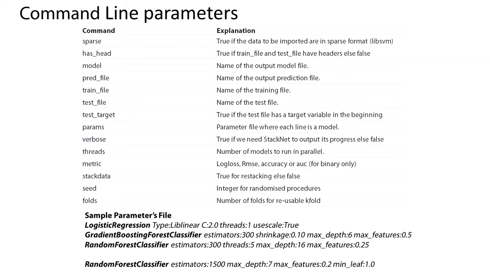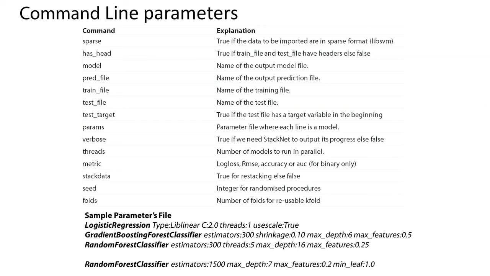I'm giving you a sample here where you can see there are 3 base level models: a logistic regression, a gradient boosting model, and a random forest model, and 1 meta model. We can almost see this as there is 3 students and 1 teacher.